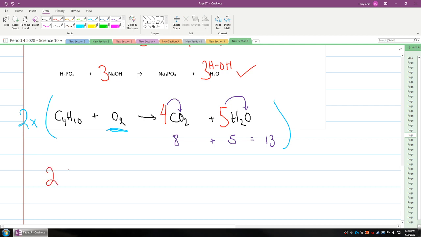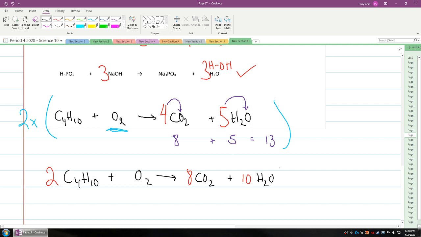You have 2 C4H10s. Plus, the O2 is still unbalanced. We haven't touched that yet because we haven't balanced that previously. But you're now going to have, in this case, 2 times 4 carbon dioxide. That becomes 8 carbon dioxides. So 8 CO2s. And then 2 times 5 water molecules, which means now you have 10 water molecules.